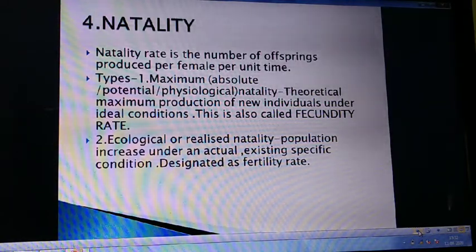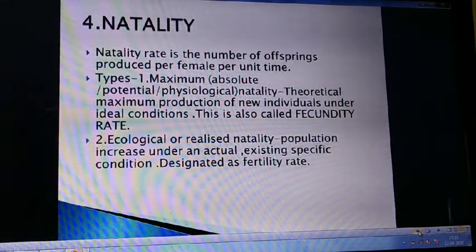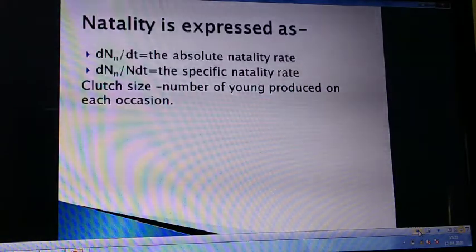Absolute or potential or physiological natality, theoretical maximum. It is a theoretical term, that is theoretically the maximum production of new individuals under ideal condition. This is called fecundity rate. Now, ecological or realized natality is the population increase under the actual environmental condition, and it is designated by the term fertility rate.